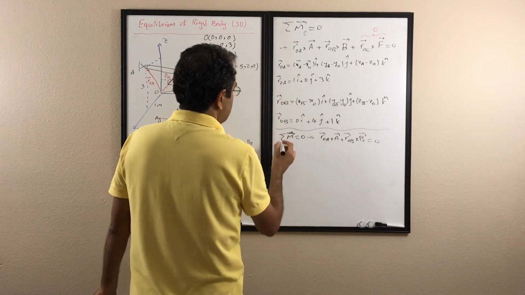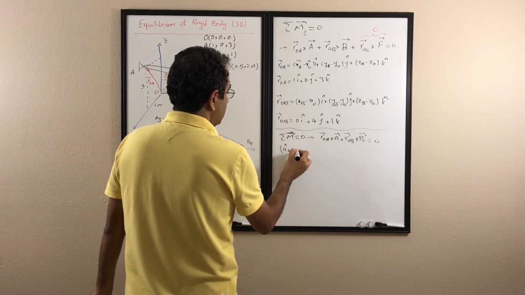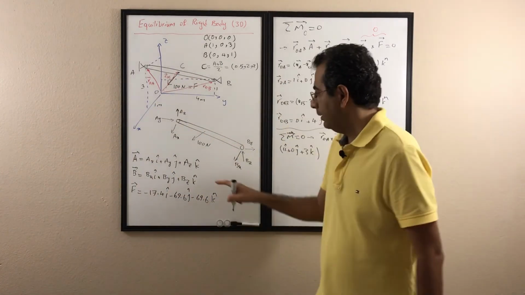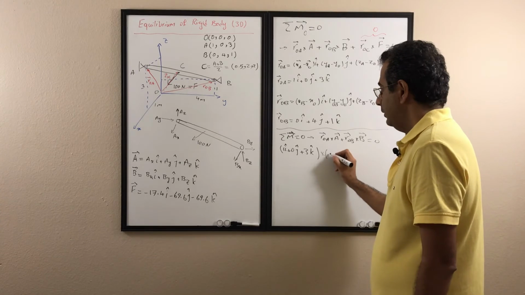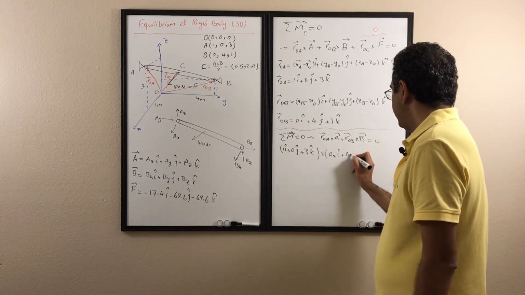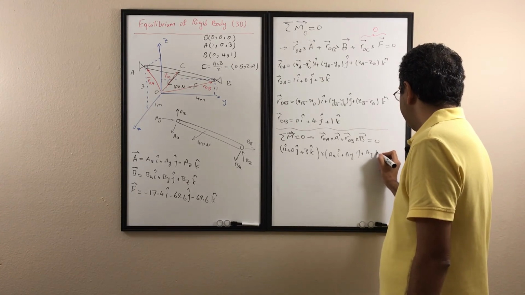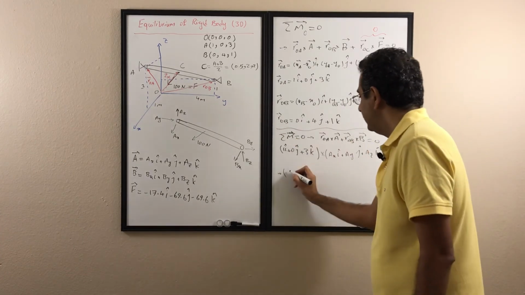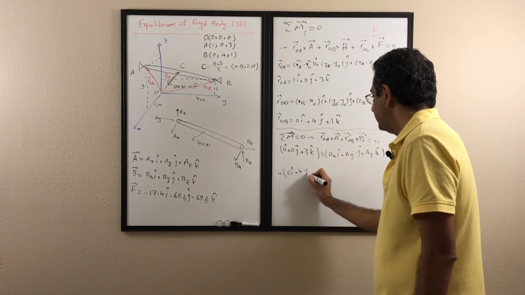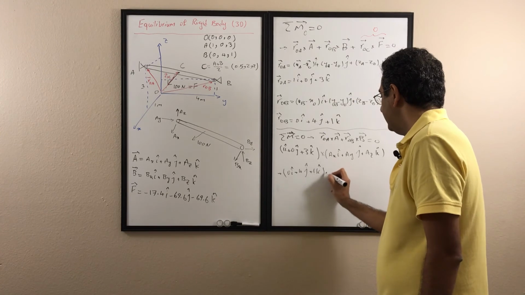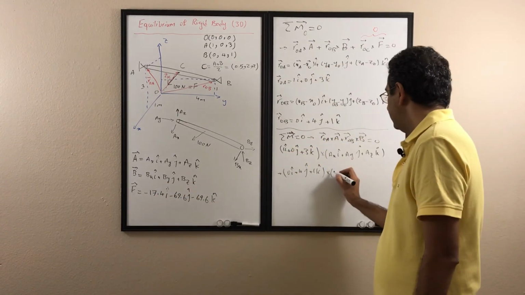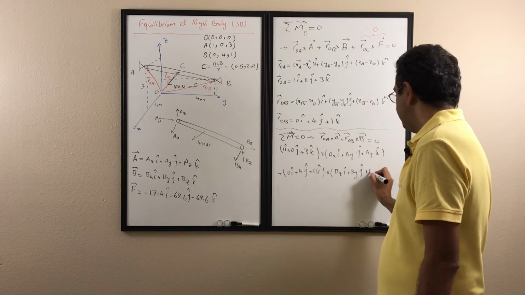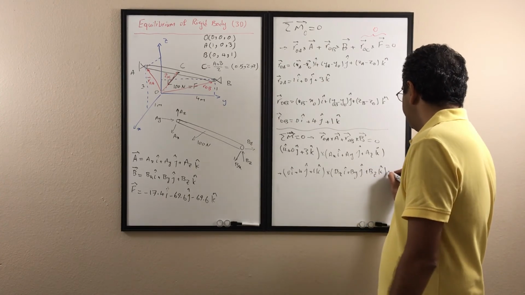So ROA is 1I plus 0J plus 3K, cross A, which is AxI plus AyJ plus AzK, and ROB is 0I plus 4J plus 1K, cross B, which is BxI plus ByJ plus BzK, and this is going to be 0.